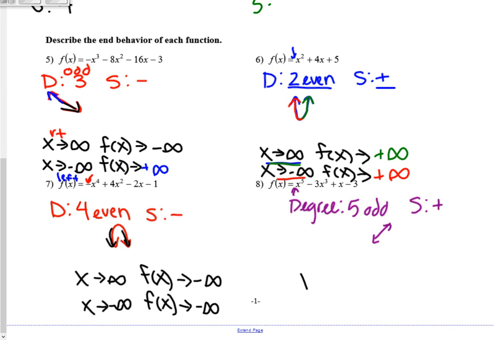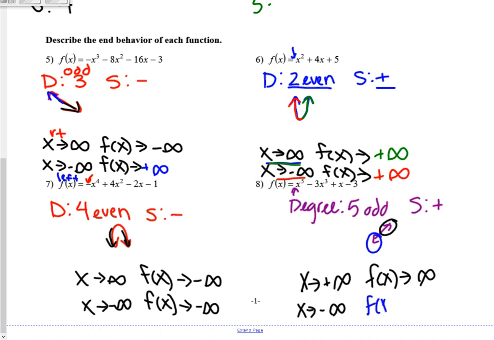So as x goes to positive infinity, or as I'm going to the right of this graph, my graph is going up, so f of x approaches positive infinity. As I go to the left on my graph, as x goes towards negative infinity, I can see that my graph is going down, so f of x approaches negative infinity.